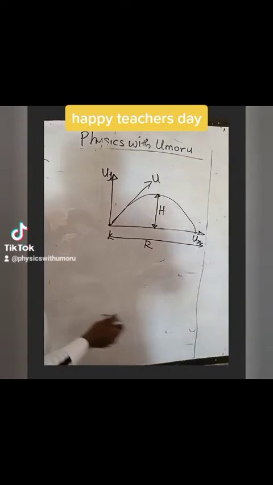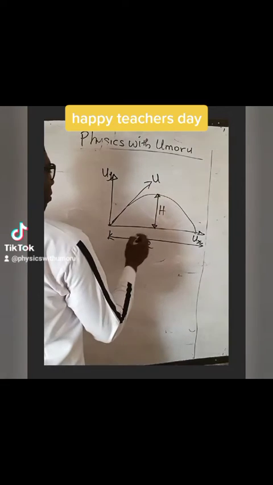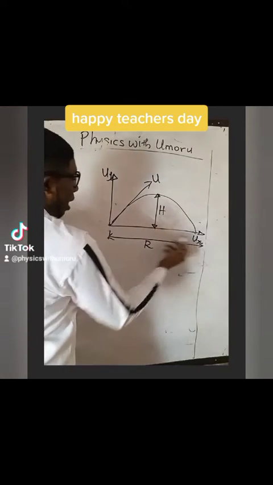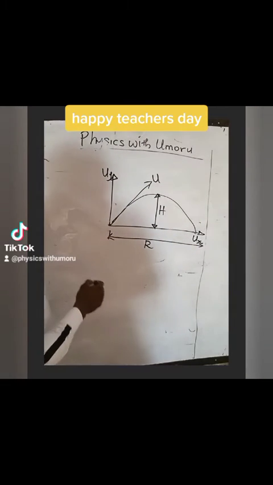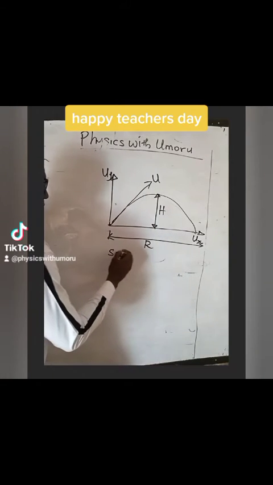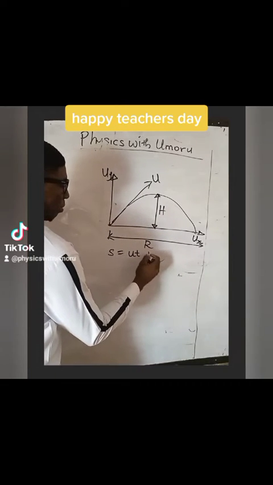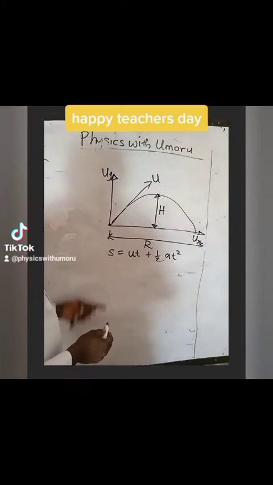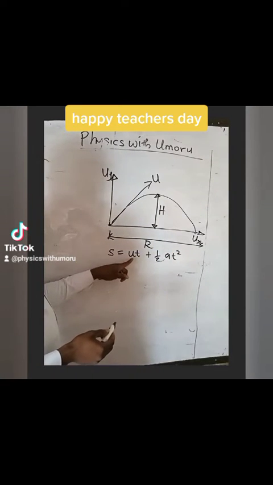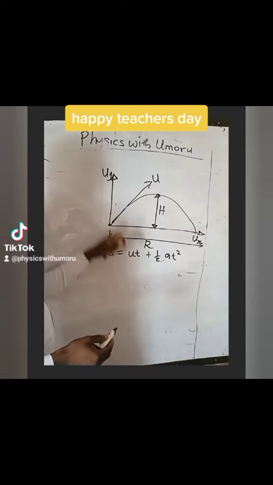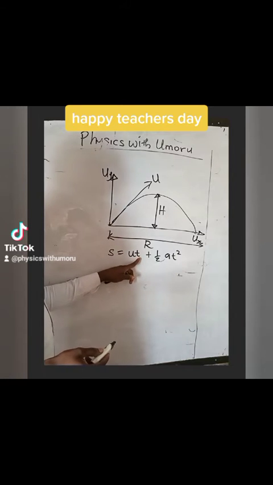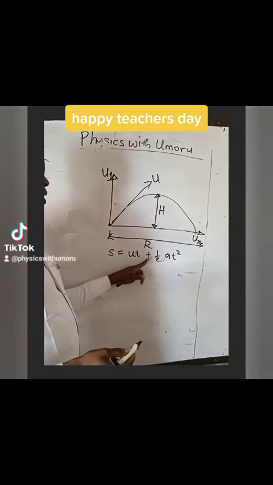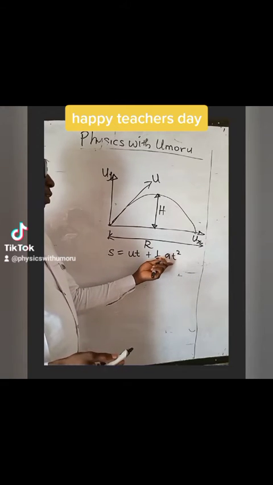Okay, so if t represents the time taken by this projectile, we already have from the equations of motion that s is equal to ut plus half at squared, where s is the distance, u is the initial velocity, which could be the vertical component or the horizontal, t is the time taken by the projectile, and a is the acceleration.